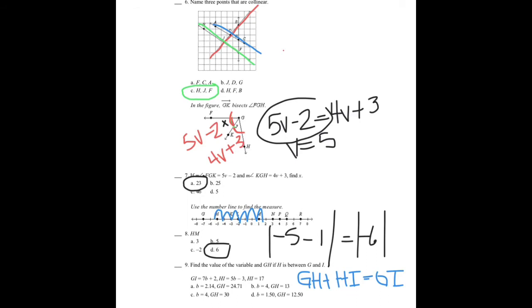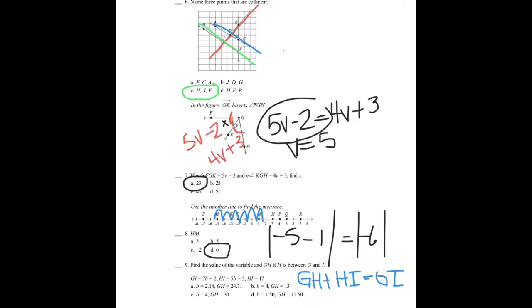So let's see, GI is 7B plus 2, equals HI, which is 5B minus 3... Oh wait, actually it says that HI equals 17.